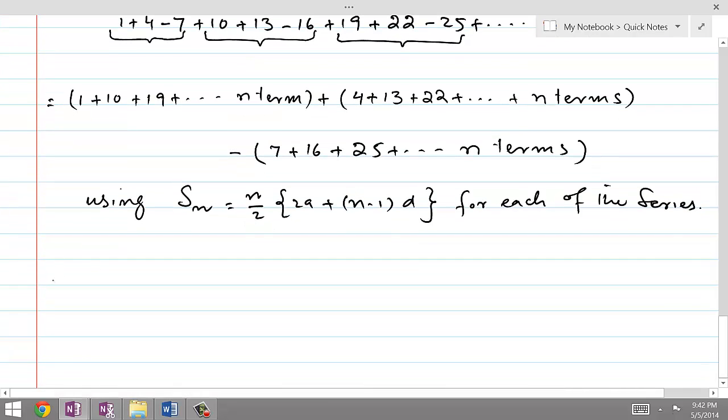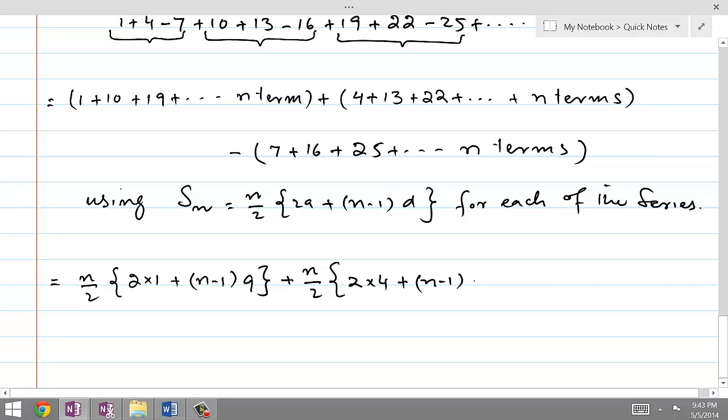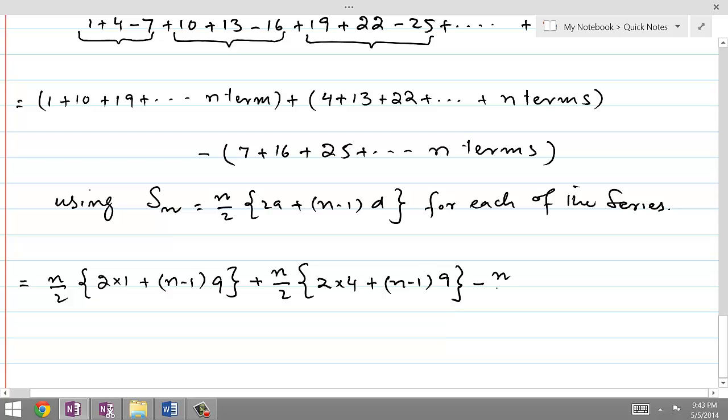So this will become n by 2 into 2a, a here is 1 for the first one, plus n minus 1 into d, which is 9, because 9 is the difference between successive terms, plus n by 2 again into 2 times 4, because the first term in the second series is 4, plus n minus 1 into 9 again, because this series has 9 as common difference as well, minus n by 2 into 2 times 7 plus n minus 1 into d, which is 9 again.